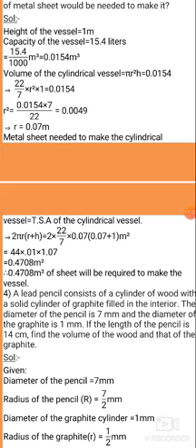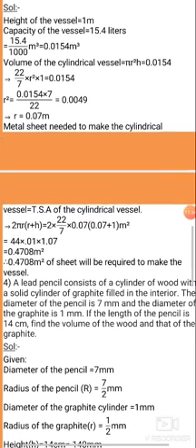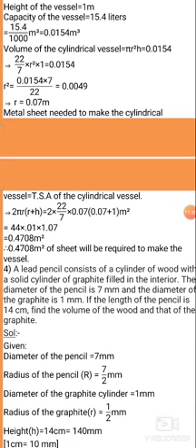Same as the diameter of the graphite is 1 millimeter. So the radius of the graphite is 1 by 2 millimeter. Height is given as 14 centimeter, which is equal to 140 millimeter. We change that into millimeter. So 1 centimeter is equal to 10 millimeter.